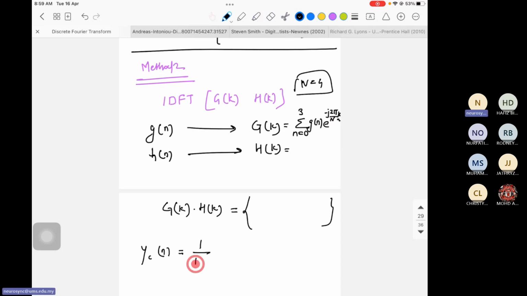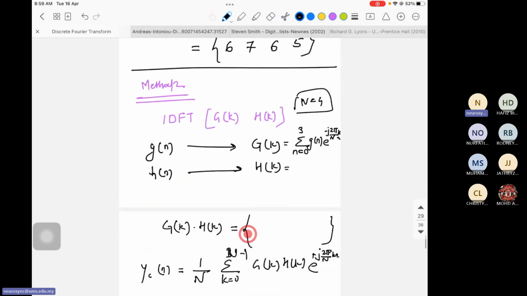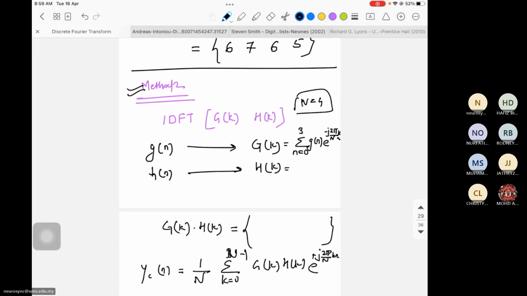So that is the formula: 1 by N summation from k equal to 0 to N minus 1, that is 3, G of k, H of k, and this is e to the power plus j 2 pi n k by N, like this. Okay, so you please try this example using this method too.